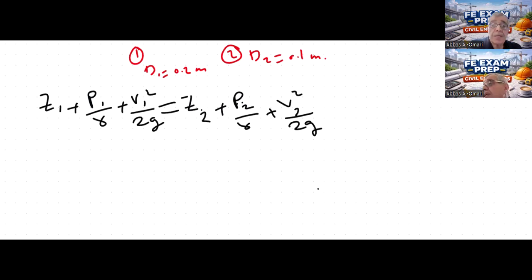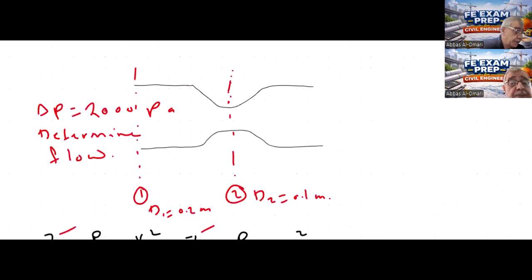In this equation, there is an elevation term, Z1 and Z2. Whenever we have an elevation term, we have to select a reference. To simplify our calculations, we usually select the reference at the center of the pipe.